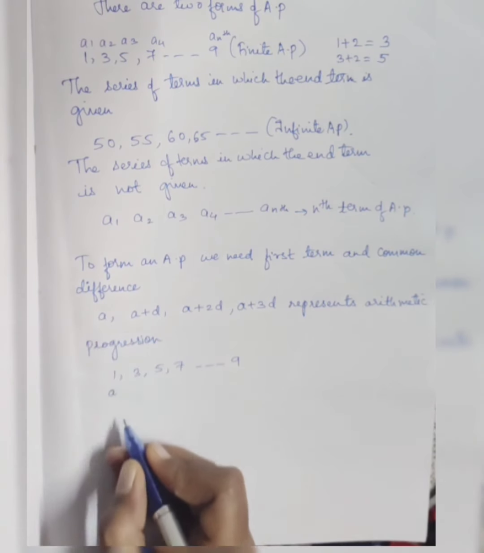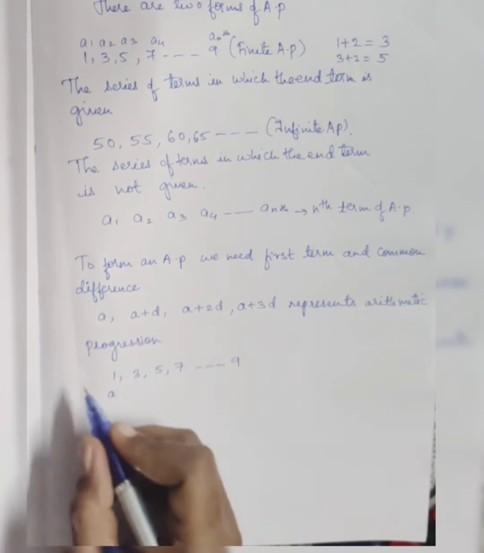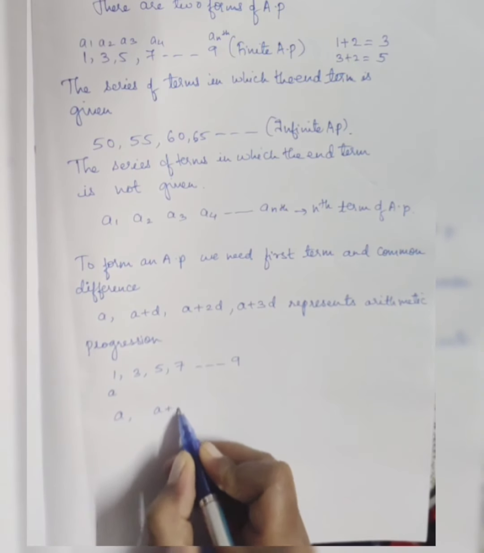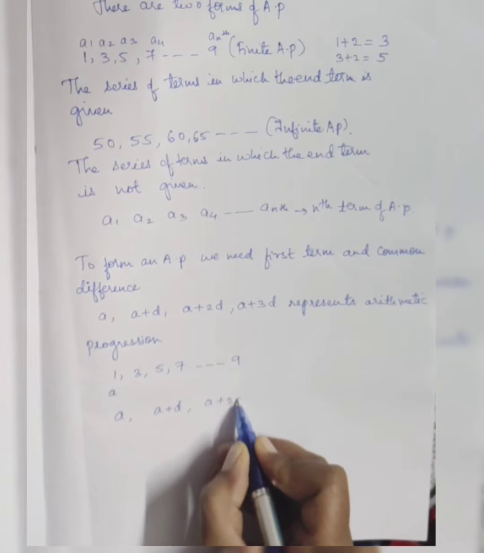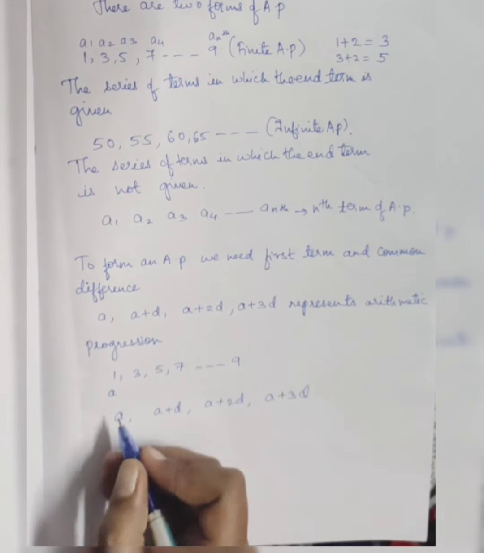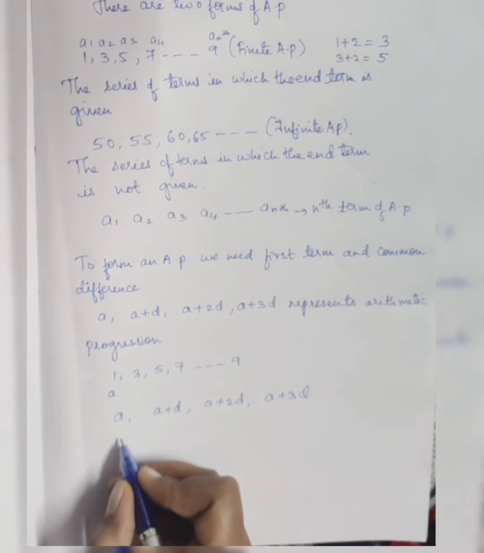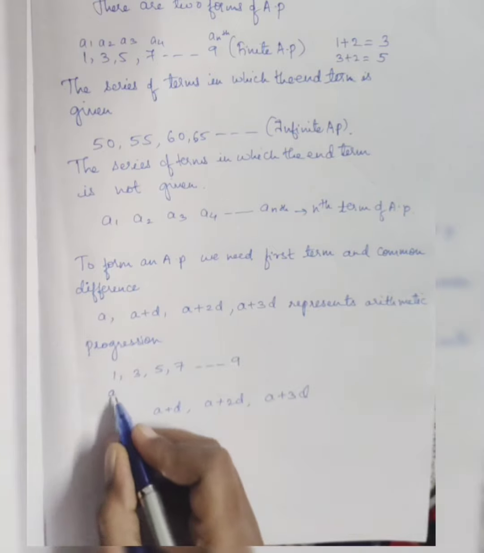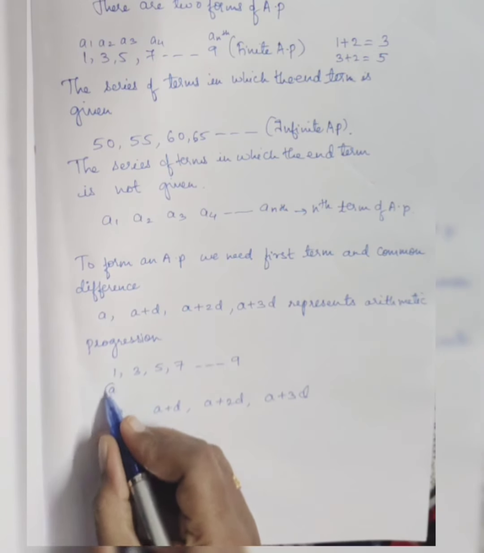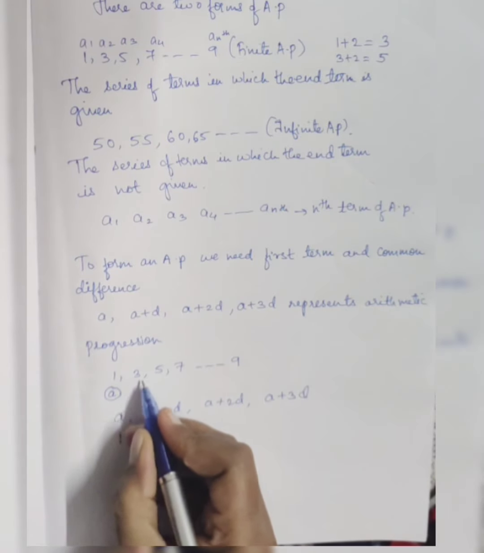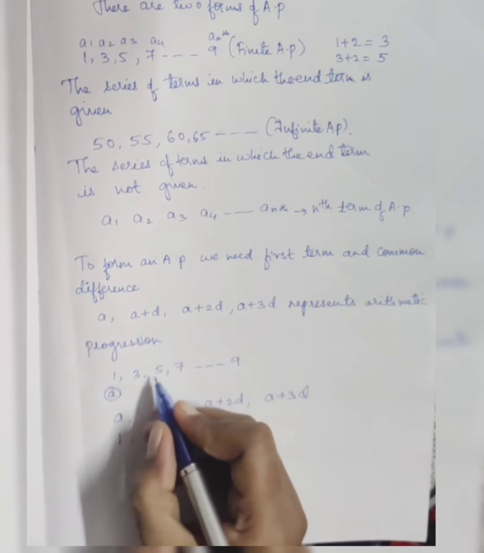Once again, A plus D, A plus 2D, A plus 3D, just to make it easier. The first term is as it is, 1. So 1 plus D. What is the common difference between these two?